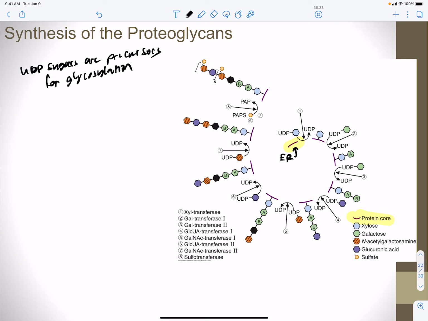The UDP precursors are going to be added one at a time. The first one is going to be added to the protein, and then you're going to add the sugars to non-reducing ends.